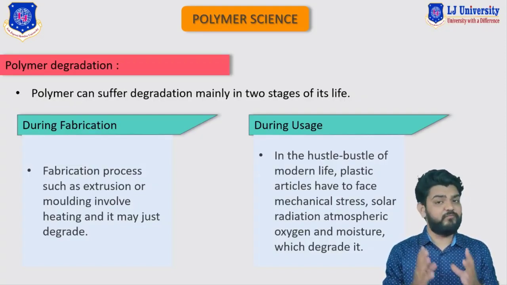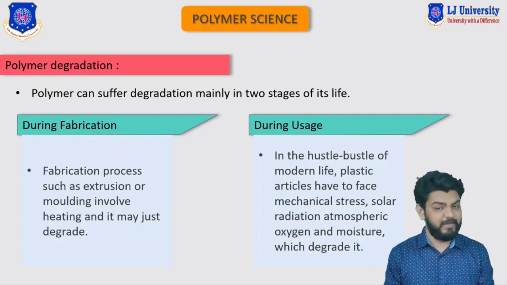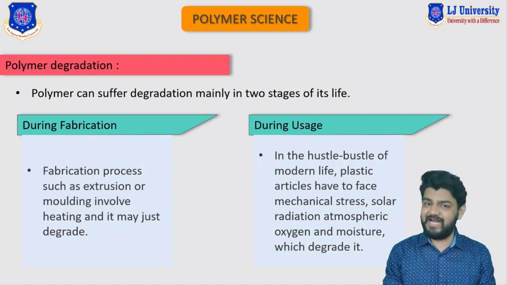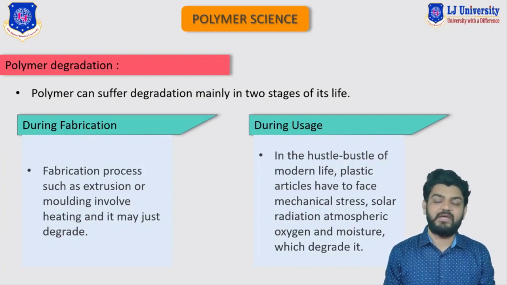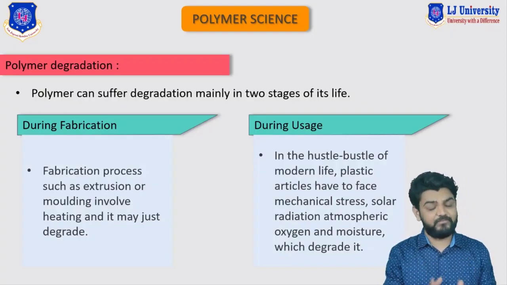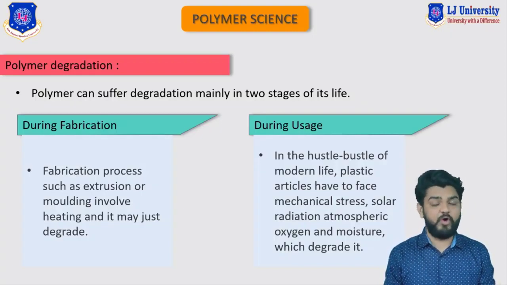Now we will focus on the different types of polymer degradation. But again, this definition of polymer degradation is very important from the exam point of view. It can be asked for 3 marks: explain polymer degradation and what are the various stages of the life of a polymer at which degradation can take place.